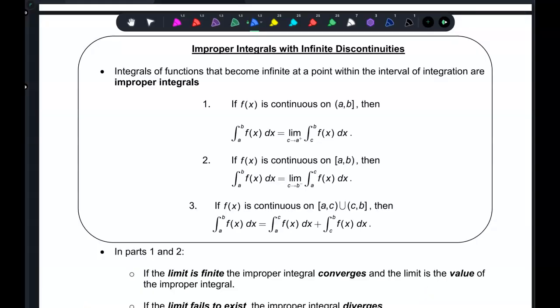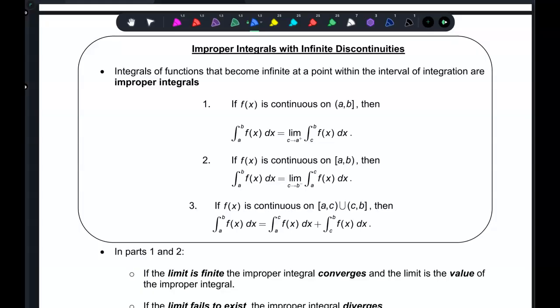Okay, this is just all of it in notation here. Anytime you have a discontinuity, and that previous one was a vertical discontinuity, you can split this up however you want. It just depends on which side of the asymptote or discontinuity you're evaluating.